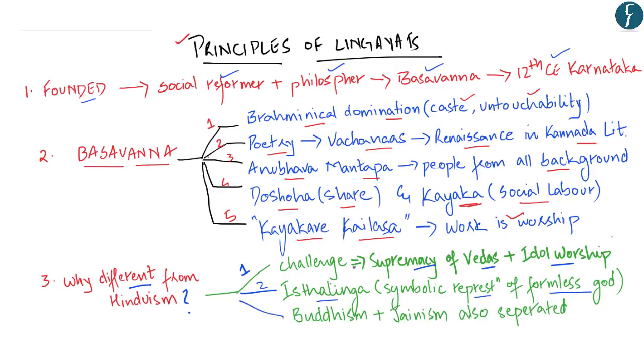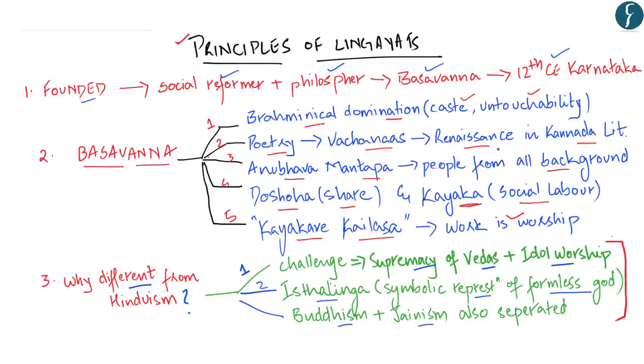Lastly, they also argue that Buddhism and Jainism too have separated themselves from Hinduism based on their philosophy and way of life. Hence, the same should also be made applicable to the Lingayats. Thus, it is basically due to these main three reasons that the Lingayats are now asking for a separate religion away from Hinduism.